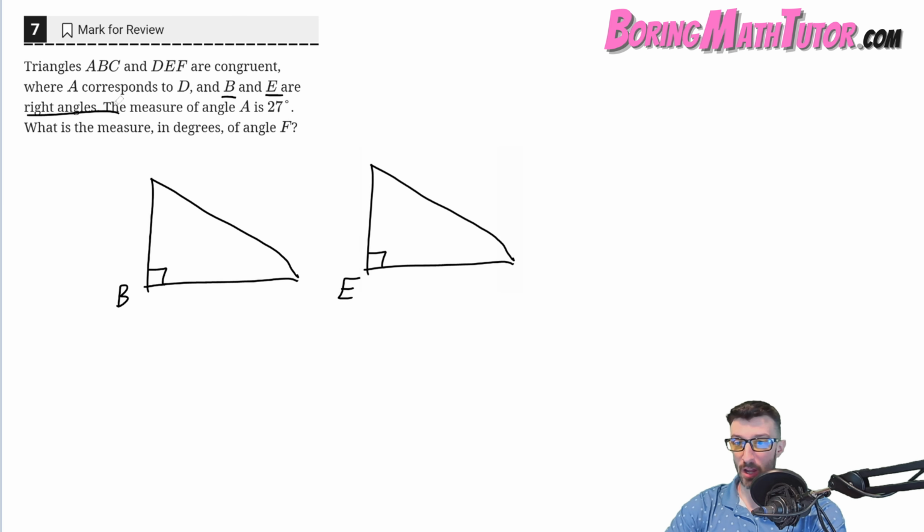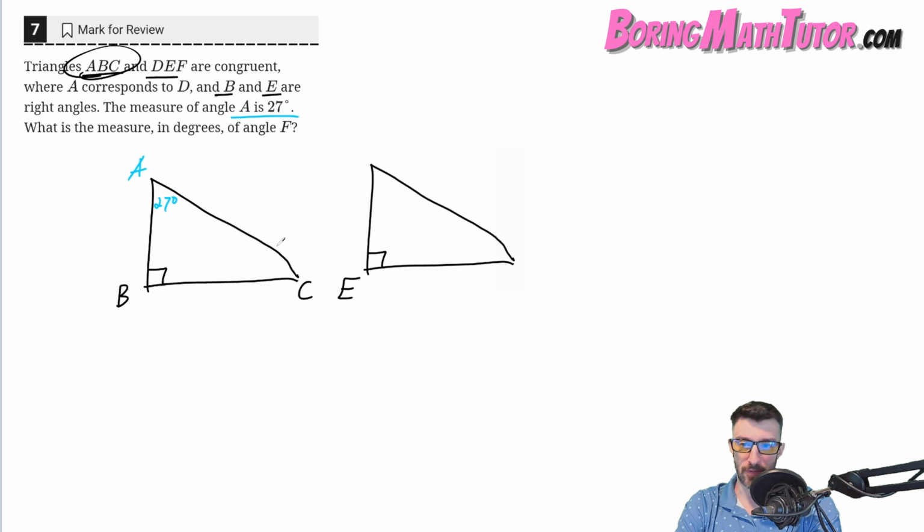And number 7, I already did a little bit of what they said over here. They said that we got 2 triangles that are congruent, and they said B and E are right angles. Then they told us that A is 27 degrees. So I can put A over here, say it's 27 degrees. And remember, it's supposed to be ABC.